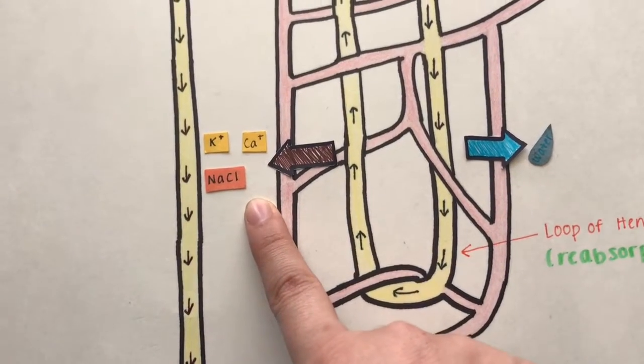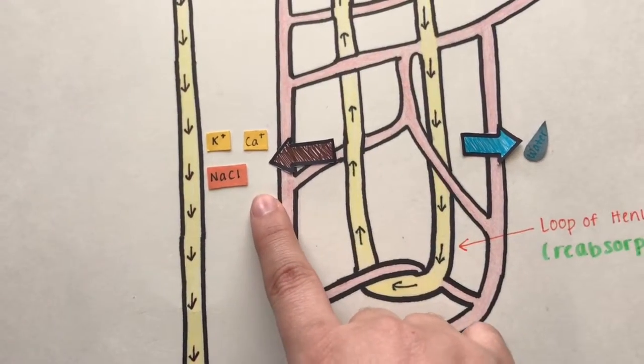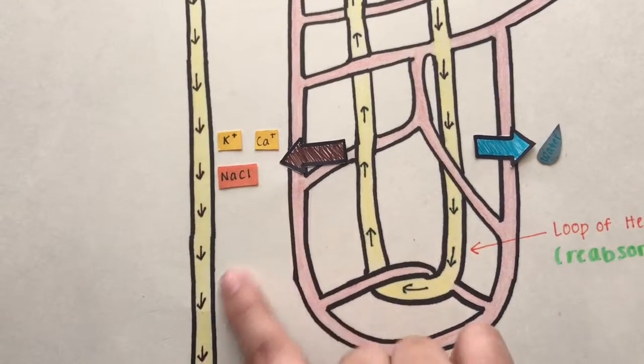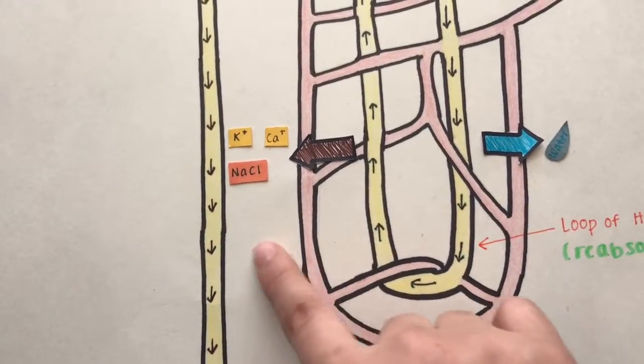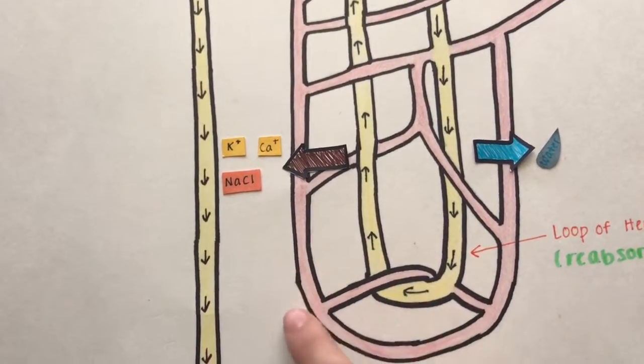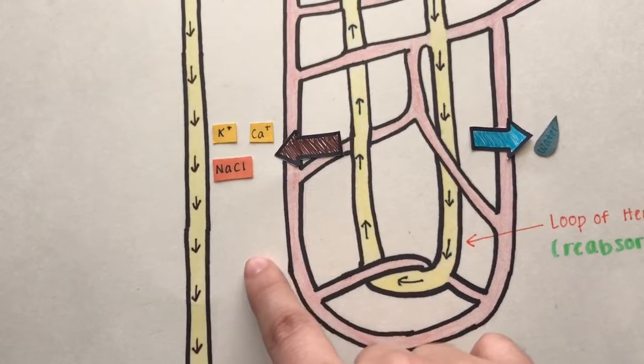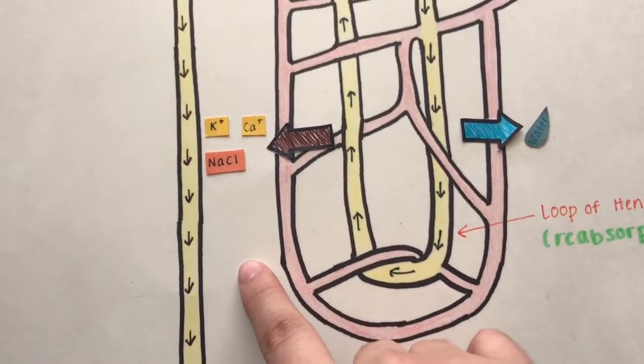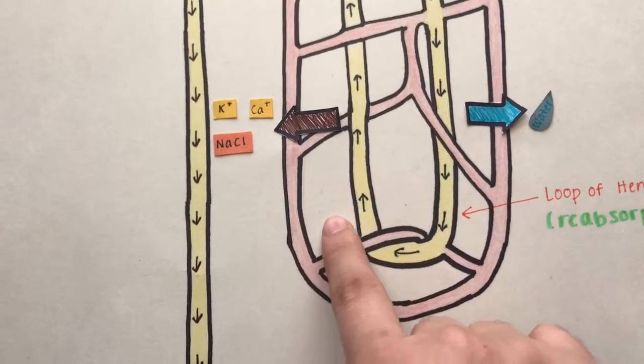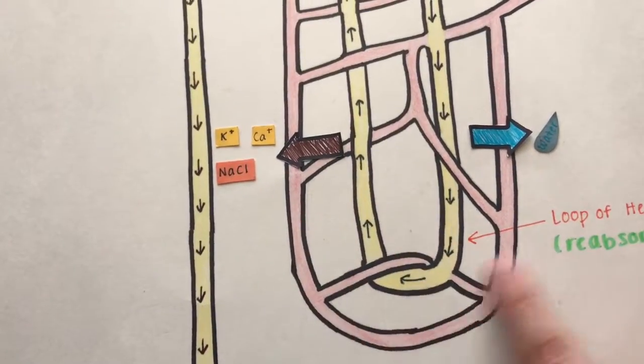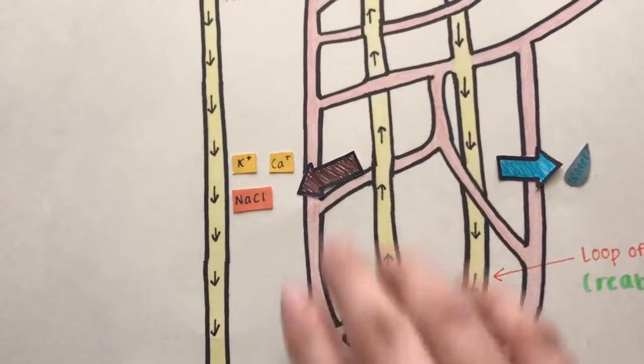And this helps because it makes the outside hypertonic. So it also aids in water reabsorption. It helps the concentration gradient. And it also makes the renal medulla in a way kind of salty and hypertonic if we're talking about osmosis.